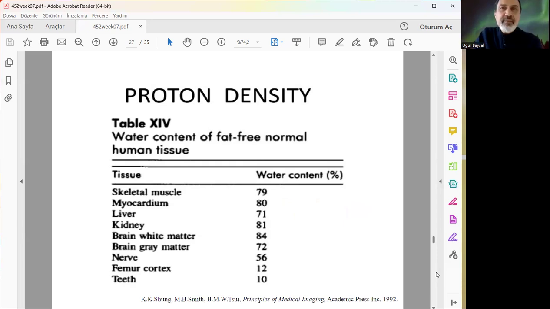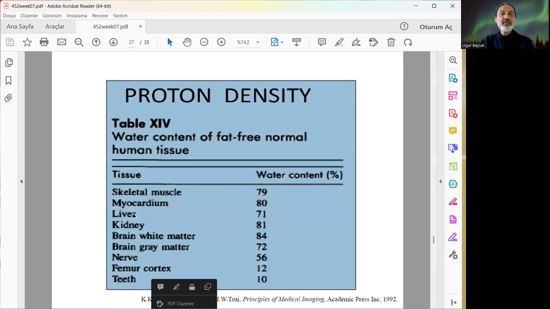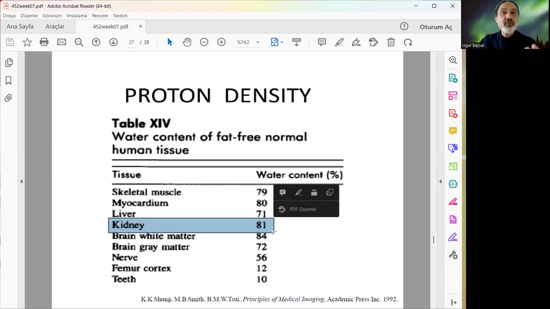So let's look at some average values of proton densities. You see muscles, either skeletal muscles or heart muscles, have the highest water content. Inner organs, kidney again, is full of water to filter the bloodstream, etc. Those are high.